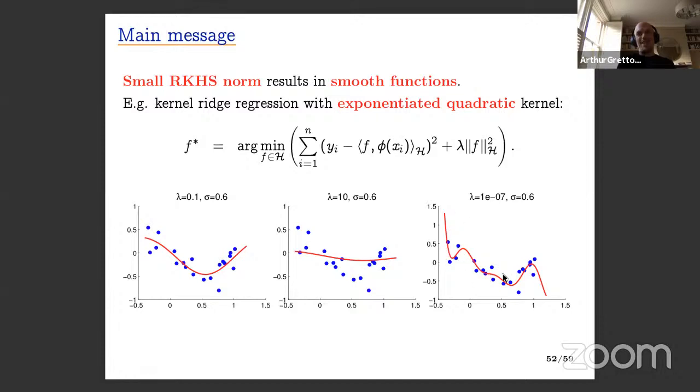Here my function is pretty wiggly, and so here I just don't care. My function can be as wiggly as I like, and I'm not being penalized for it. And so that's the function I get out. You can see here that by adjusting this lambda, I'm able to adjust how smooth my function is. And so now we understand well what ridge regression is doing. Okay, so that's the end of my introduction to kernels.